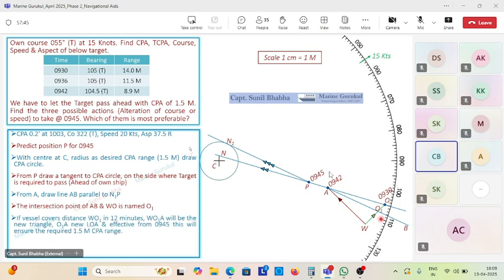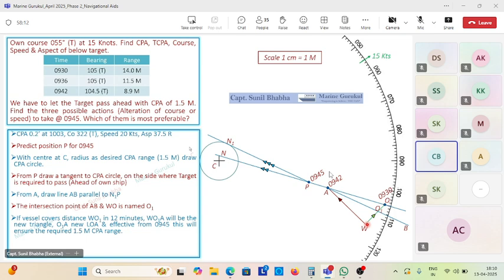Now, if you look closely, if own ship covers distance WO1 in an interval of 12 minutes, then in that case, WO1A would become the new relative triangle.